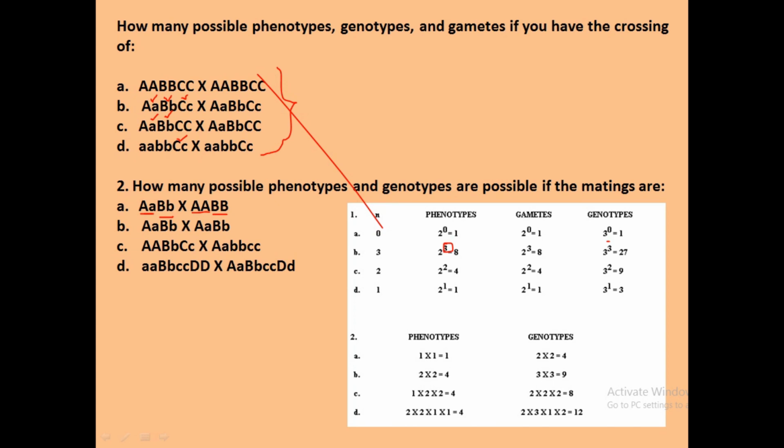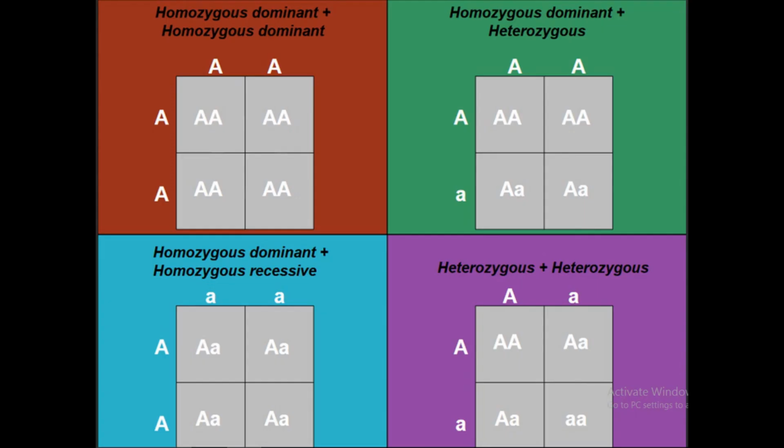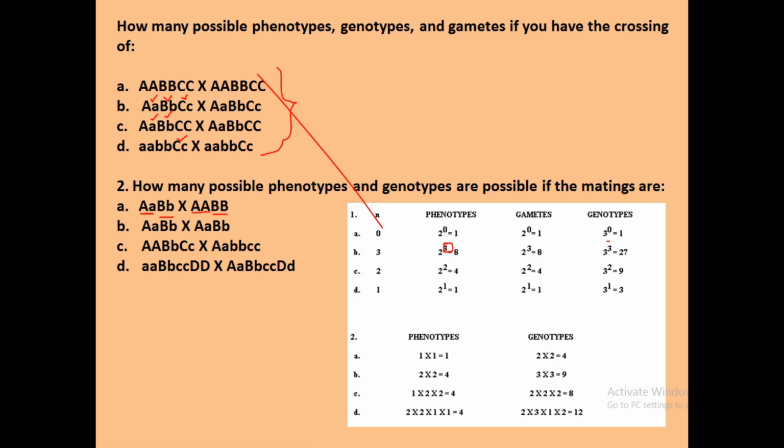This is the cross between heterozygous and homozygous. So this is homozygous dominant and this is heterozygous. You can see we will get one type of phenotype and two different types of genotype.